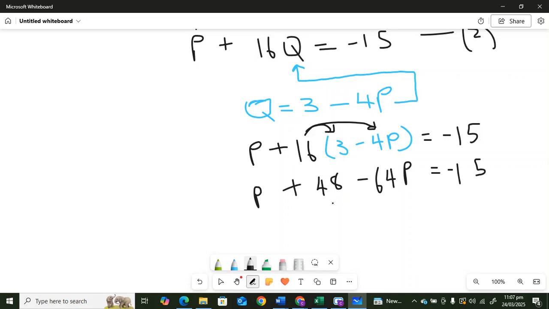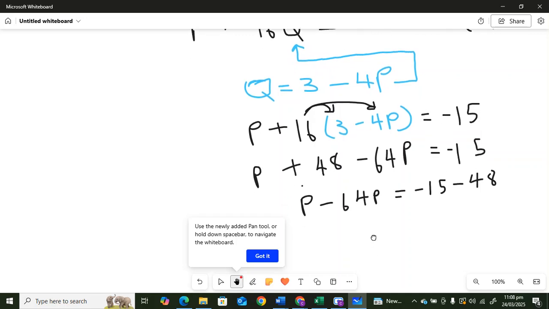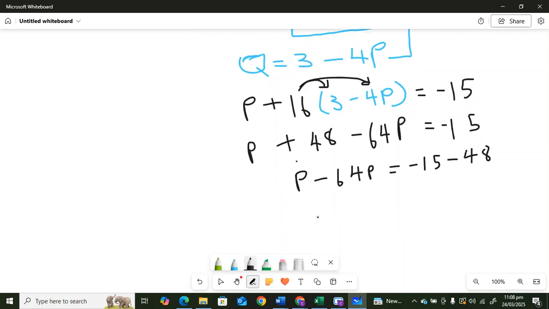So we put like terms together. The positive 48 will cross over the equal sign. So we have p minus 64p equals negative 15 minus 48. P minus 64p, we get negative 63p.